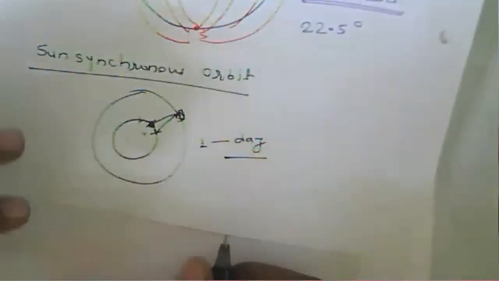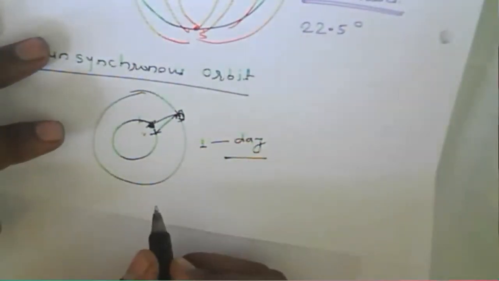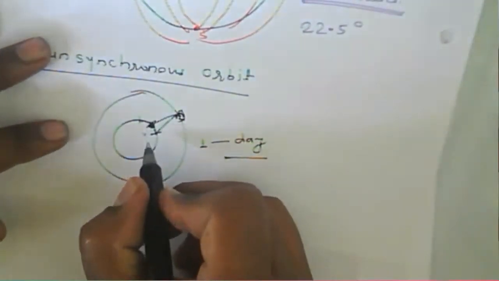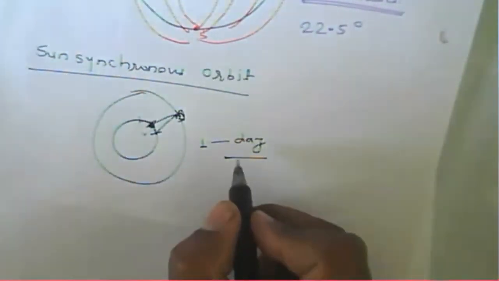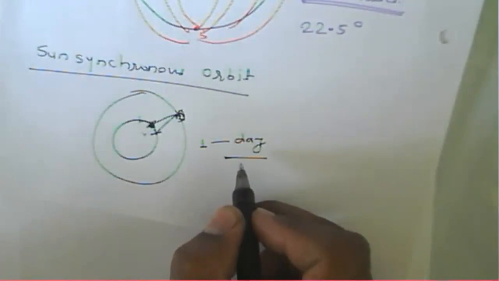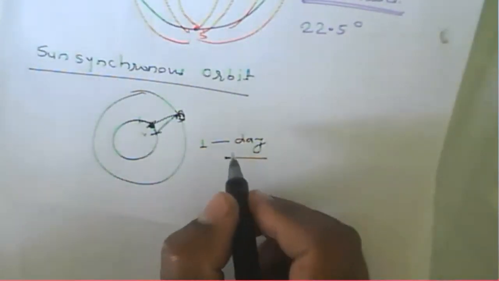So that is the time. That particular point on the Earth takes only one solar day, or in terms of solar time.